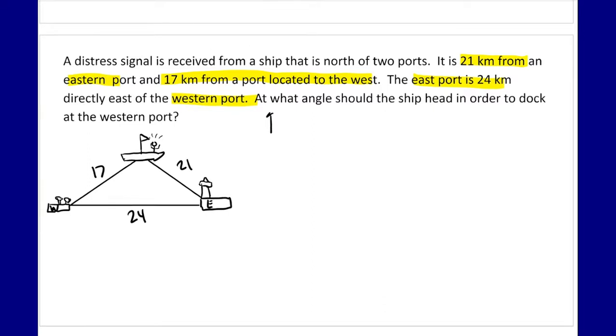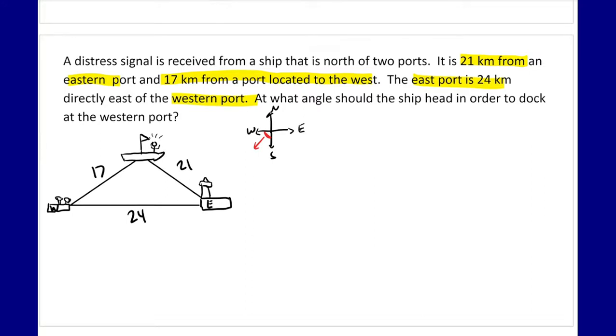Something that might help is a compass rose: north, south, east, west, to help us figure out what angle we need to head in. Generally speaking, we know we're going to be heading southwest, in this general direction. So we're looking for this angle.